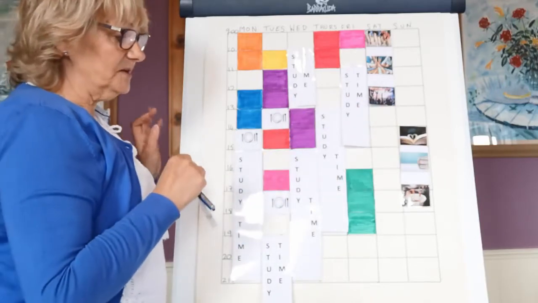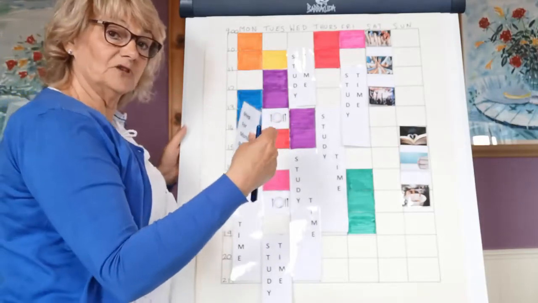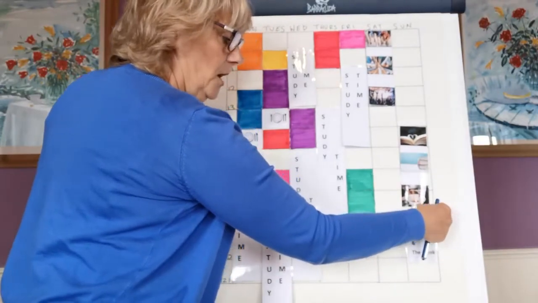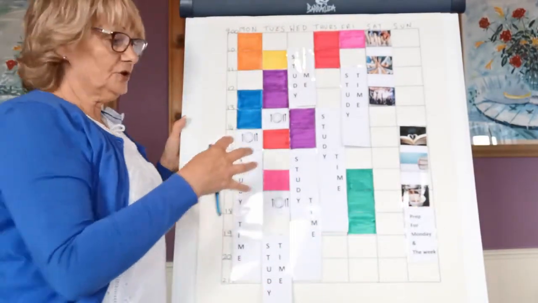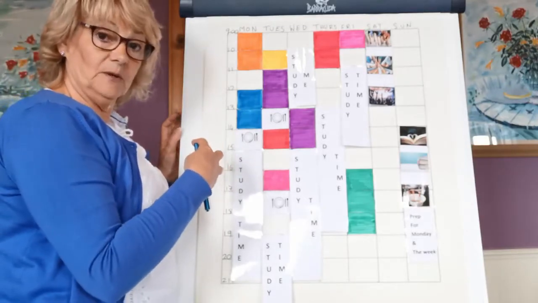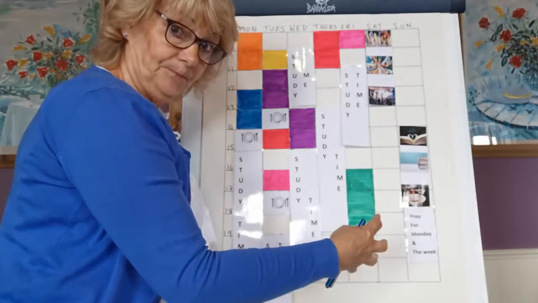Now, one of the things that would be useful with this type of planner would be to spend some time on a Sunday afternoon or evening preparing for Monday and the week, so that they can interact with the planner, look at what is their priority for the following week, and plan accordingly.